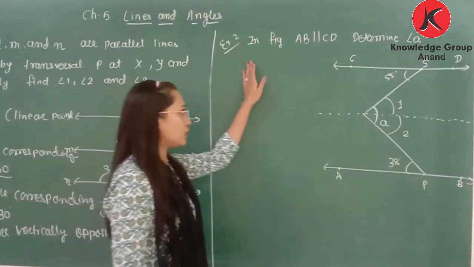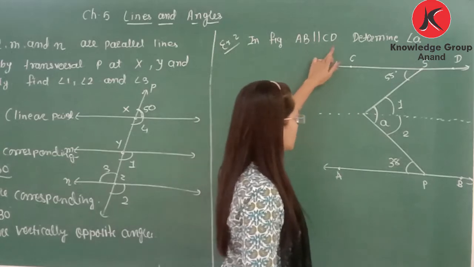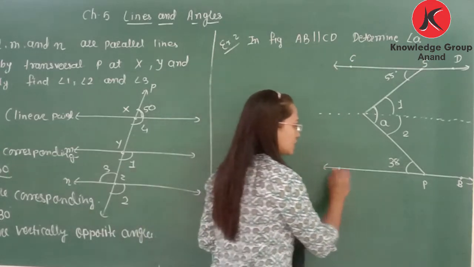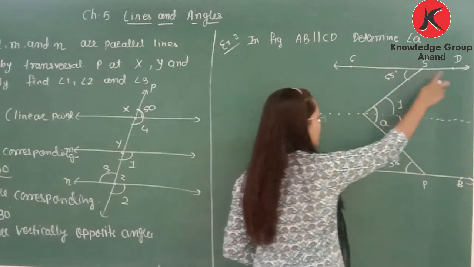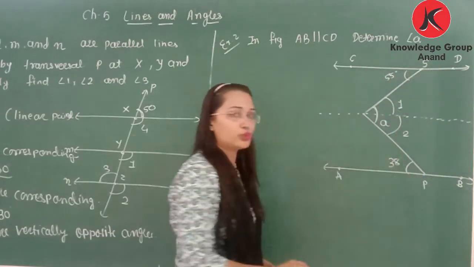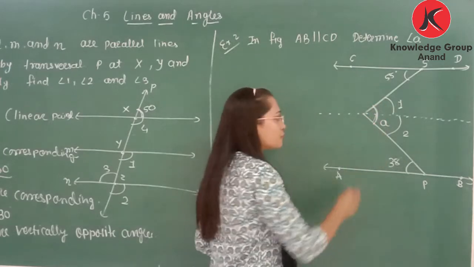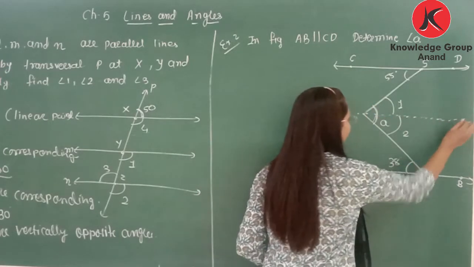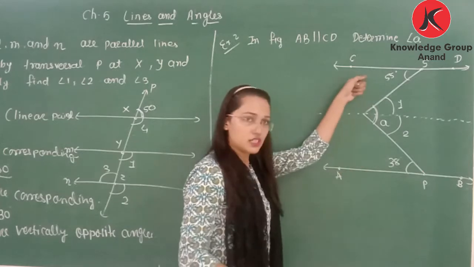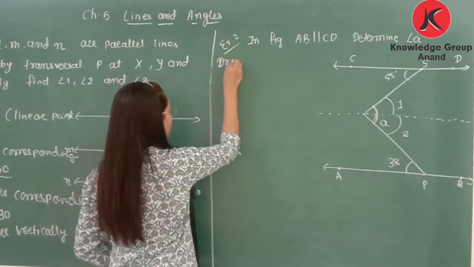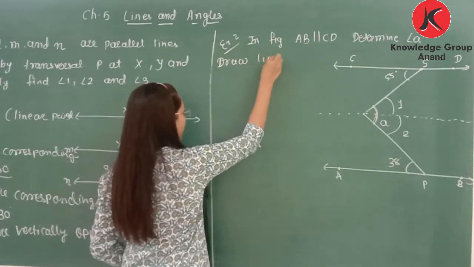Next, in the figure AB is parallel to CD, determine angle A. So here in the figure this line is AB, this line is CD, and they are parallel to each other. We need to find this angle A. So first of all we will draw a line parallel to CD.